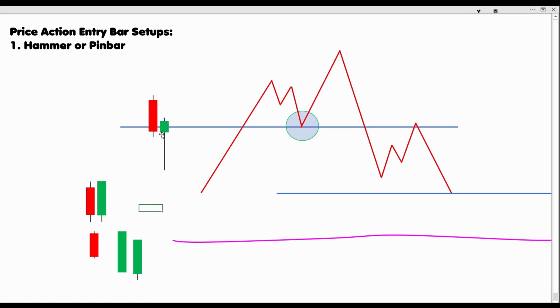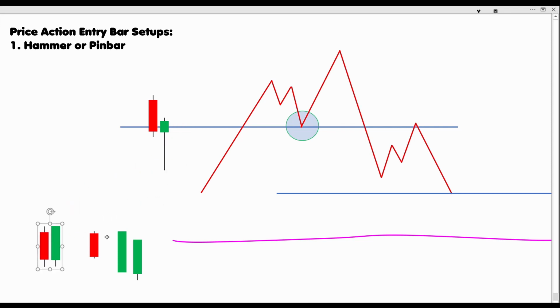It has to close in the upper third of the bar, and it has to close 100% above the support level if we're going to take this in a long position to the upside.